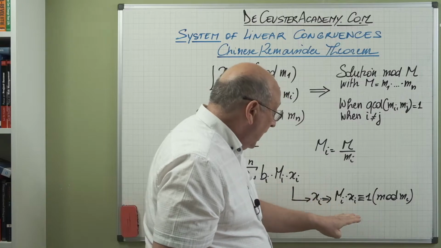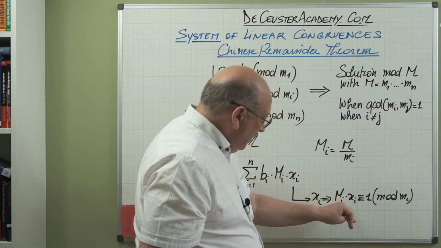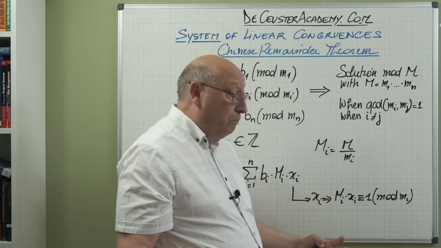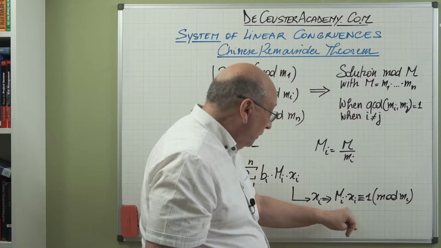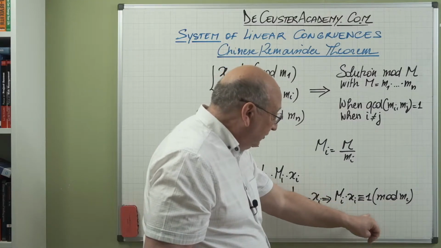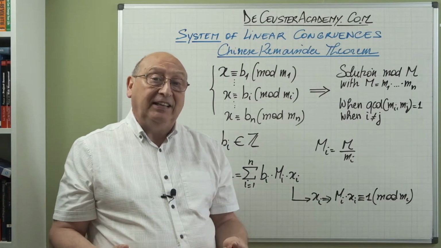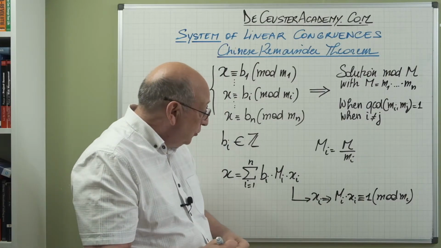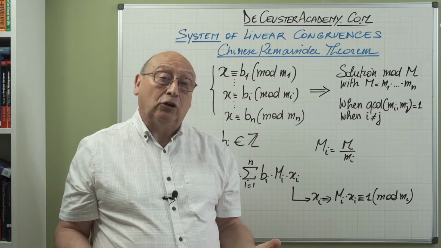So we multiply both sides, and this Mi multiplied with the modular inverse modulus mi will be equal to 1, and here we will find the value of that inverse. So basically, finding those inverses of those different equations will give us the final solution.